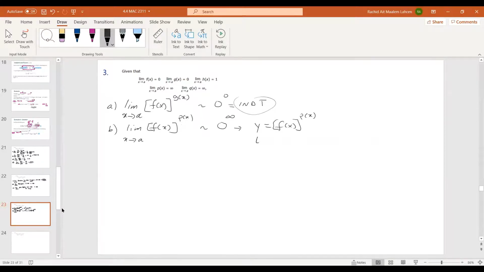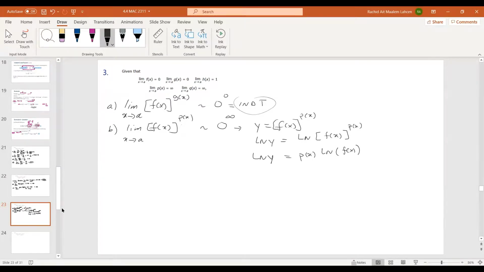Then we need to take the natural log, the ln, to both sides. When we take ln to both sides, it will allow us to switch this to the product.